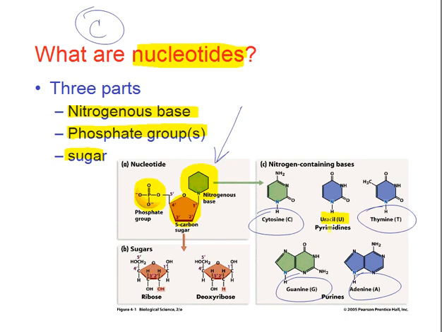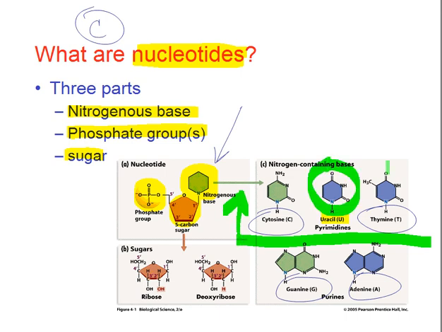One thing I'd like you to notice with these nitrogen-containing bases is they seem to fall into 2 discrete groups. The group above this green line are all just a single ring of carbons, one hexagonal-shaped carbon ring. They are called the pyrimidines.